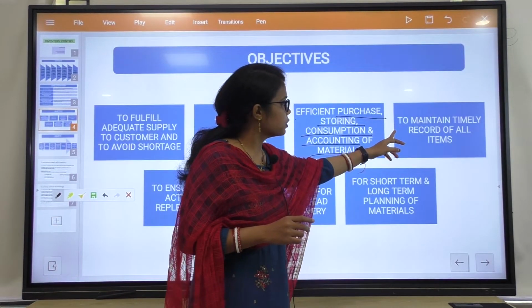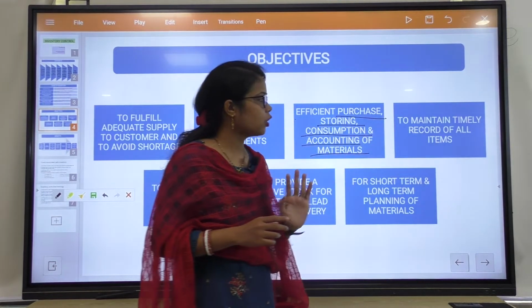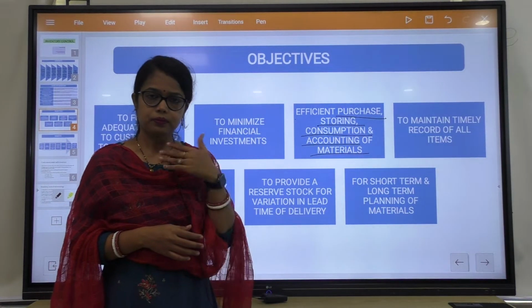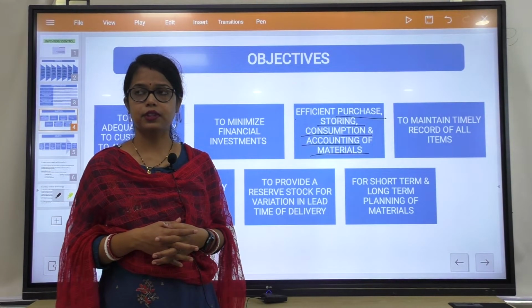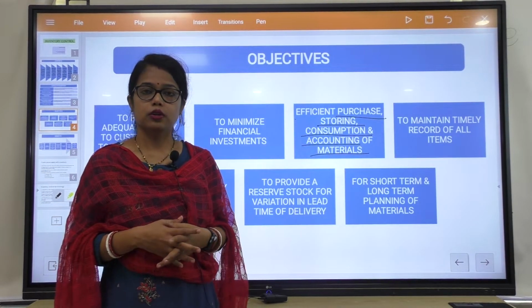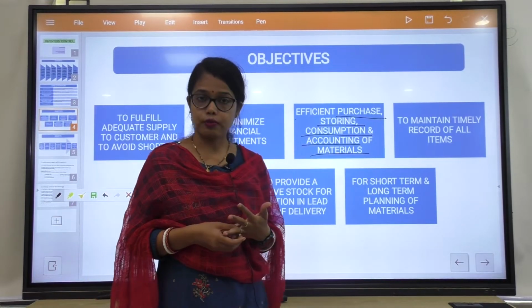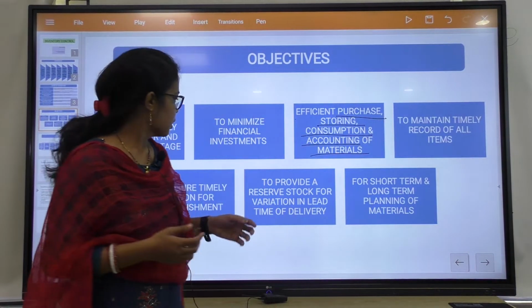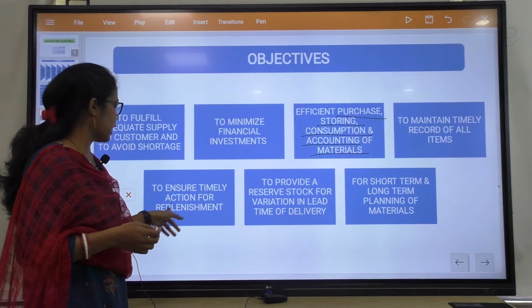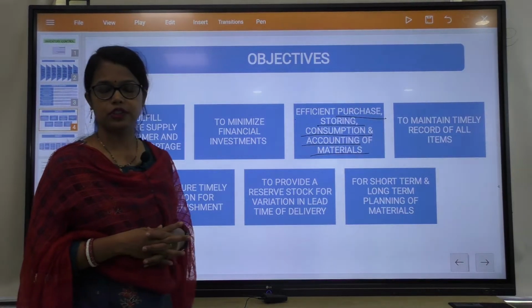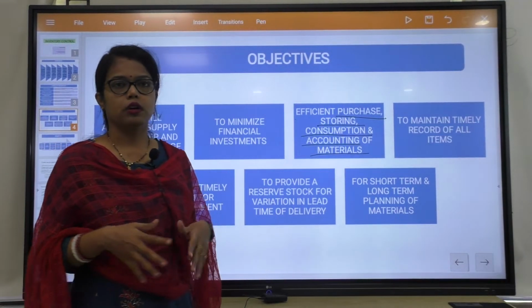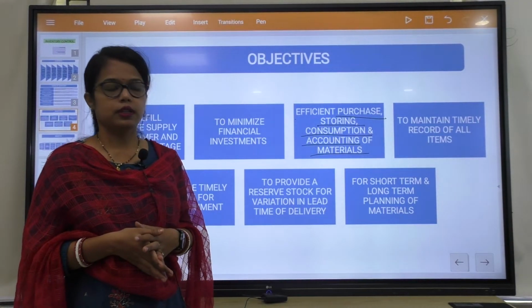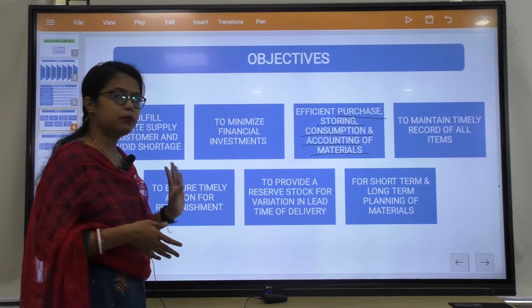Then the fourth objective is to maintain timely record of all items. If there are many items in the store, the proper maintenance of record is necessary, clear.